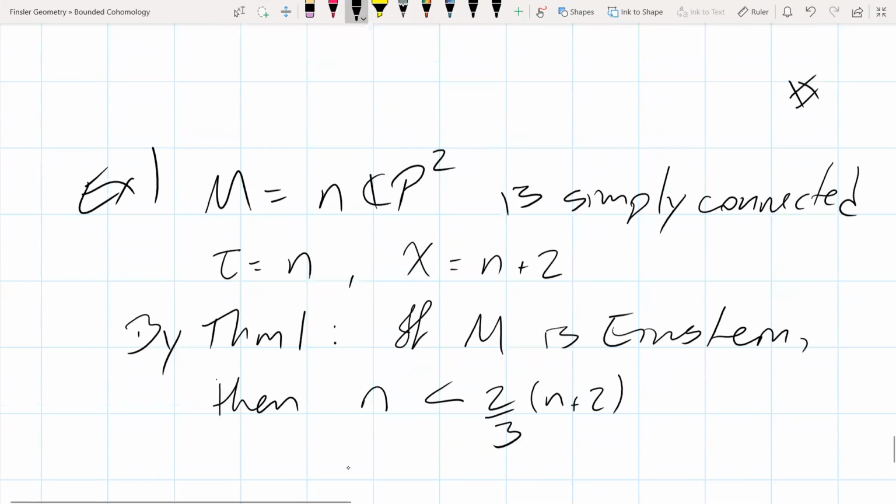I believe it should be equal, sorry, which means that n needs to be less than 4.